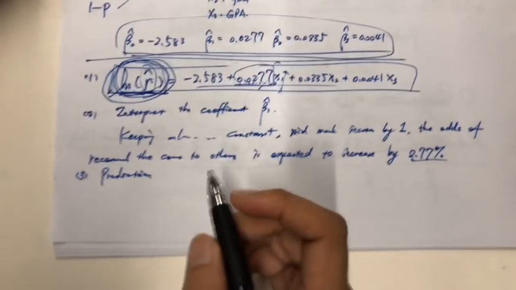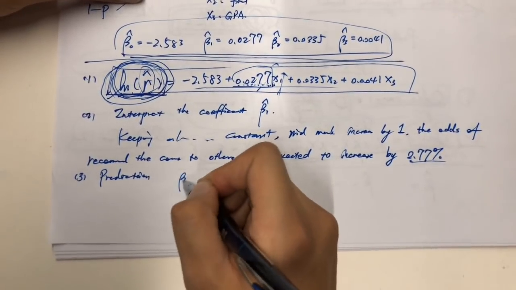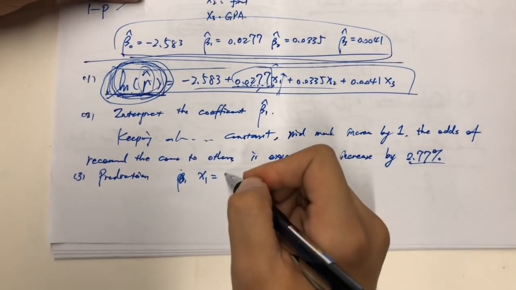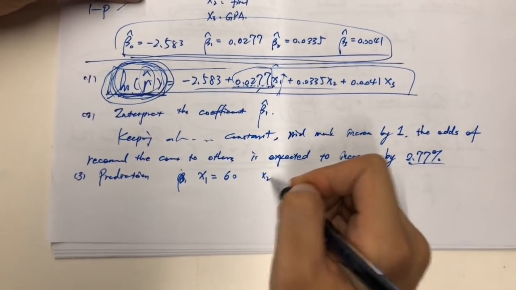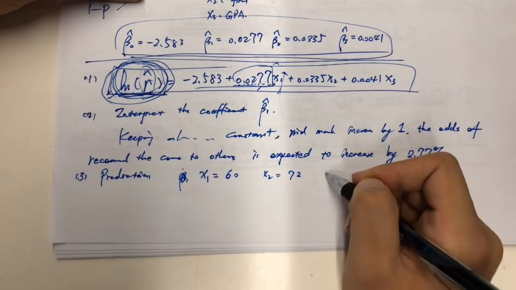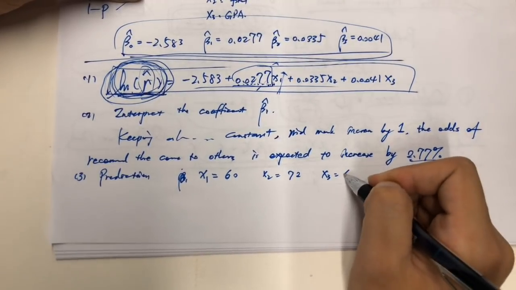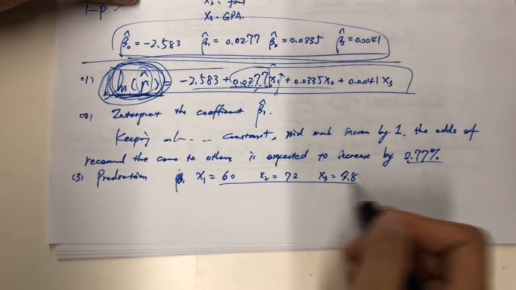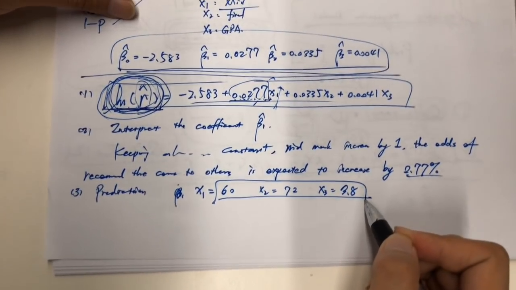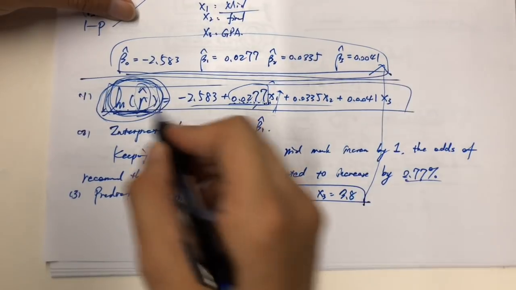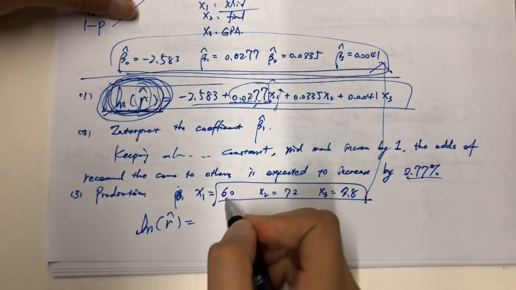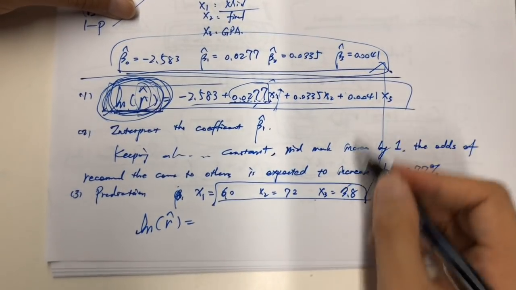In prediction, you are probably given, for example, a mid-semester mark of 60, a final mark of 72, and a GPA of, for example, 3.8. When you plug in all those numbers into the model, you will calculate an estimate of log r hat.